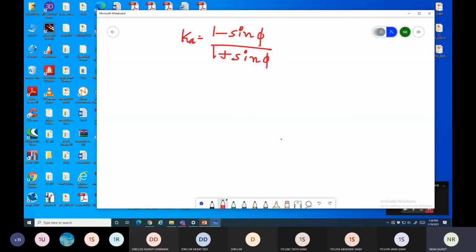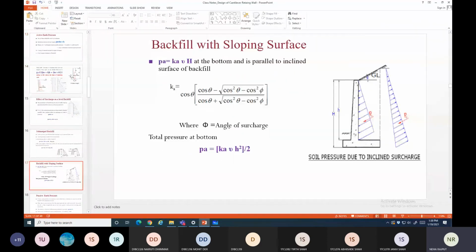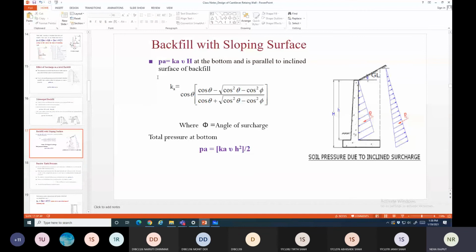But if your backfill is inclined, then the K equation is somewhat like this, which you have done in your geotechnical subject: K equals cos theta minus under root of cos square theta minus cos square phi, upon cos theta plus under root of cos square theta minus cos square phi. Now this phi is the angle of surcharge, and this theta is the angle of inclination of the sloping surface.